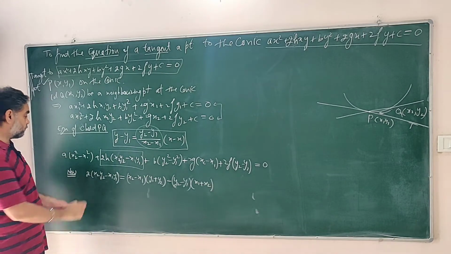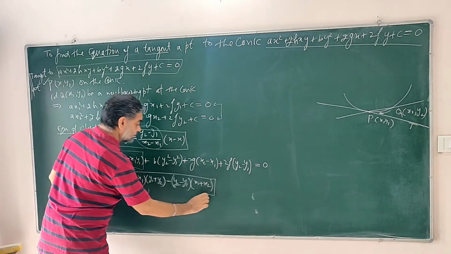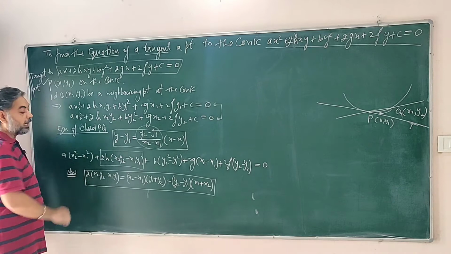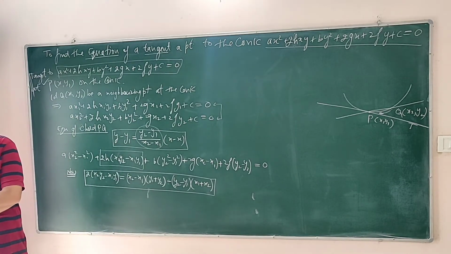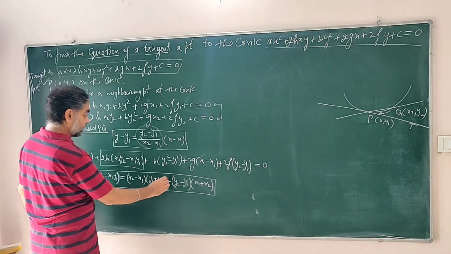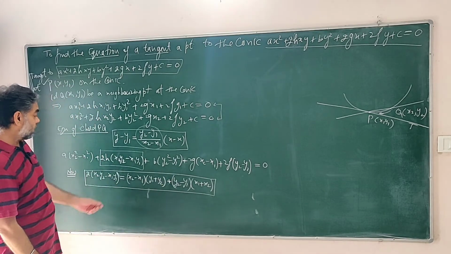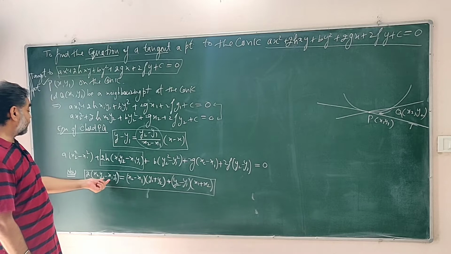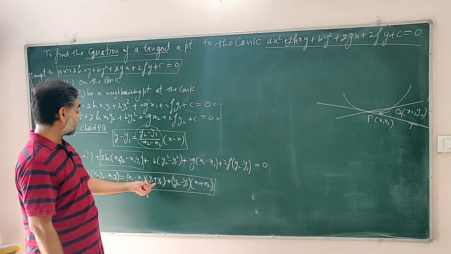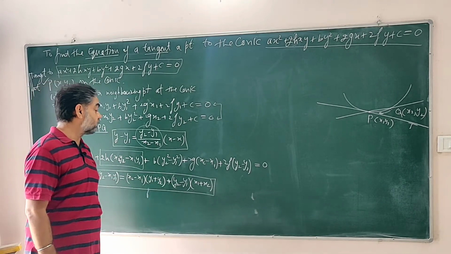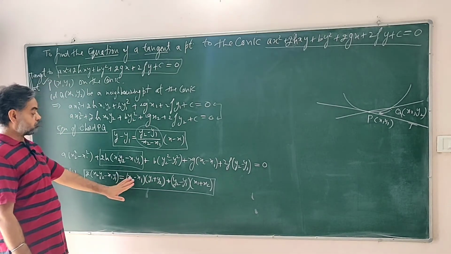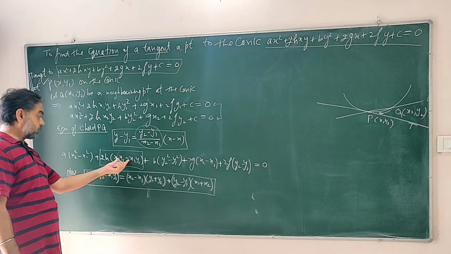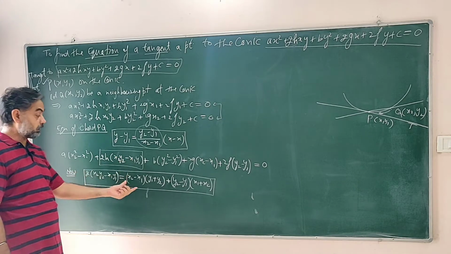Right? This is an identity with us. We can use this identity. This is a plus sign here. Alright. x2 y2 minus x1 y1 is equal to x2 minus x1 into y1 plus y2 plus y2 minus y1 into x1 plus x2. You can see this works out well. So this x2 y2 minus x1 y1 can be replaced by this.